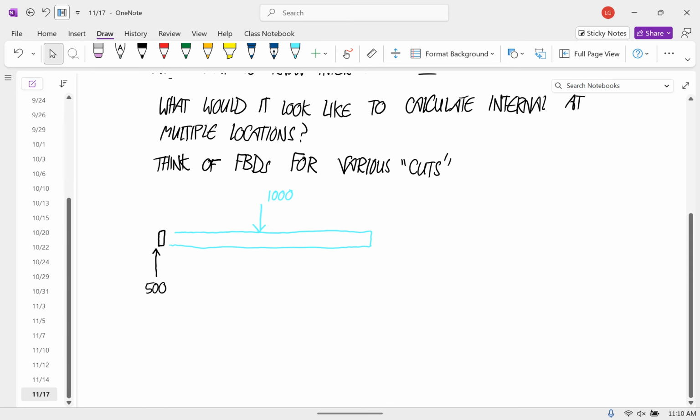With each one of these cuts, we're just choosing part of this body to be our chosen system. And there's also another 500 Newton force here, but that's not acting on our piece. What is acting on our chosen piece is the internal tension T, the shear force V, and the bending moment M.